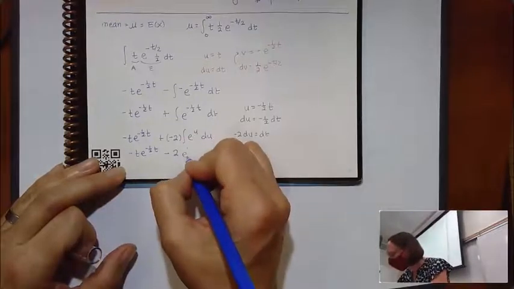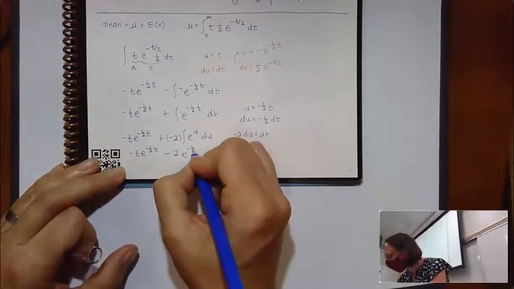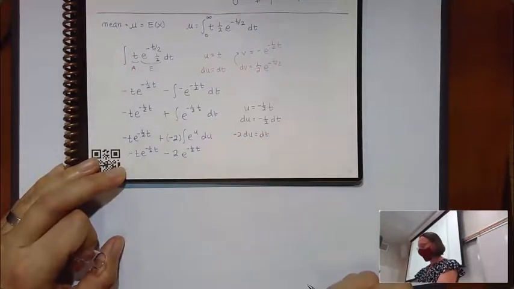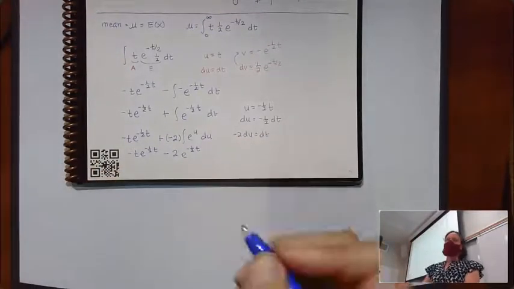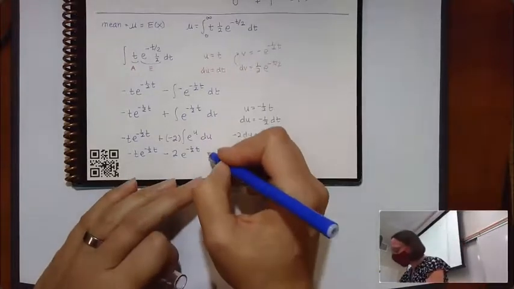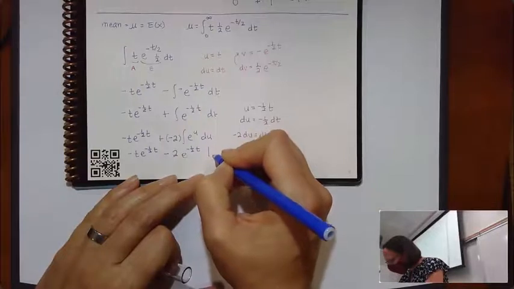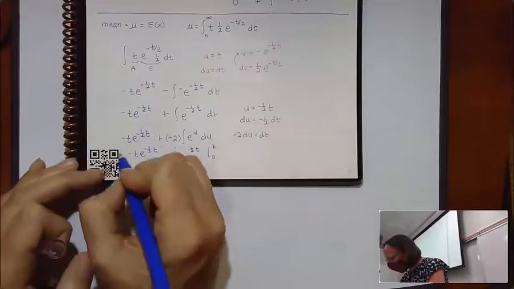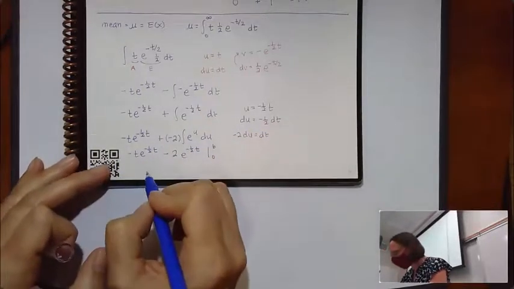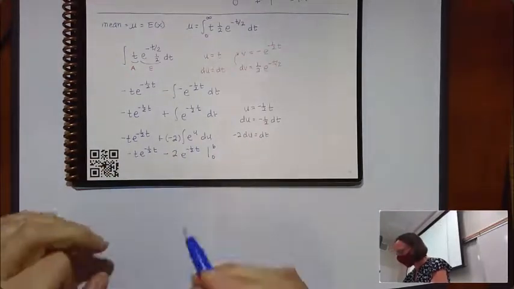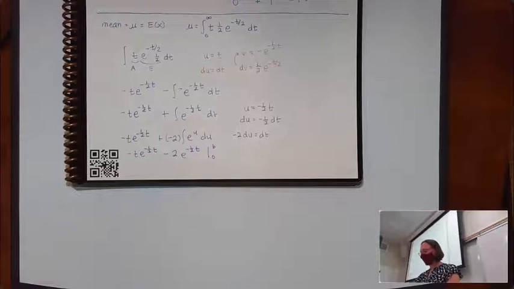So I'll have e to the negative 1/2 t. And that whole thing I'm evaluating from 0 to b, ran out of space, with a limit as b approaches infinity.